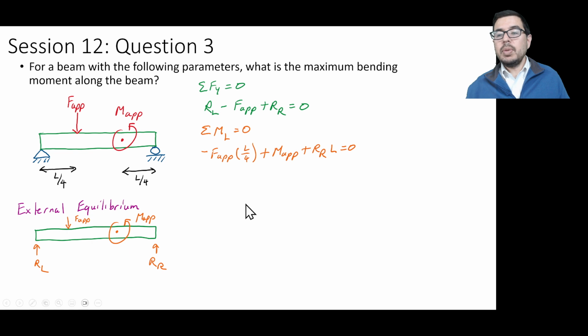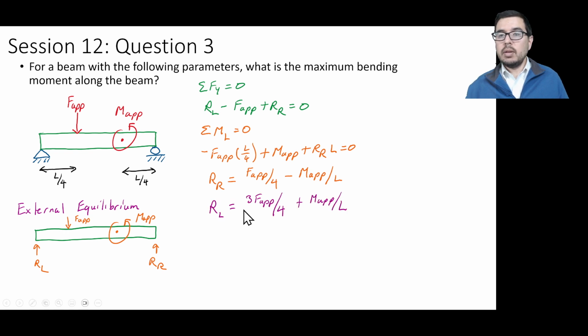Then we have MAP, and we have RRL. So we can solve for the right reaction force RR, and then go back to the equilibrium equation up here and find RL.